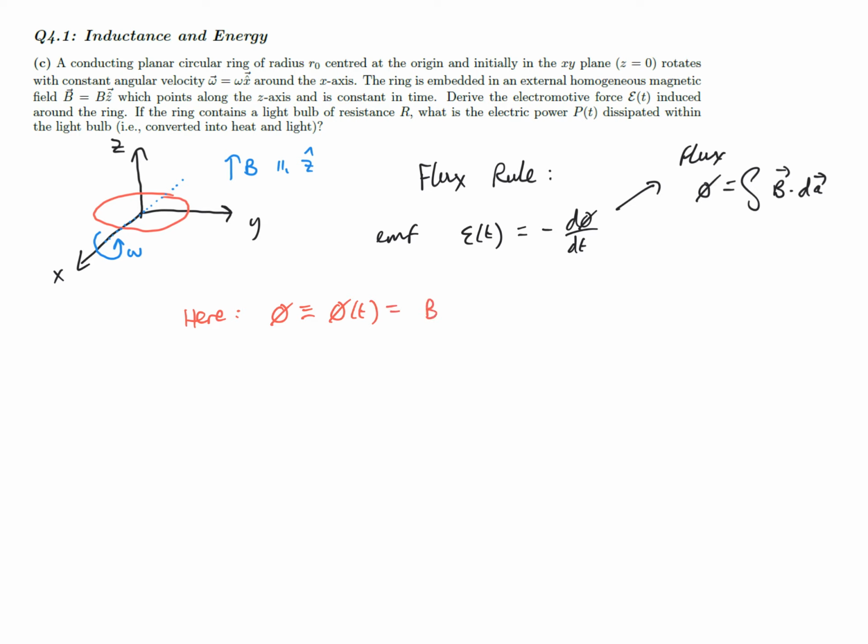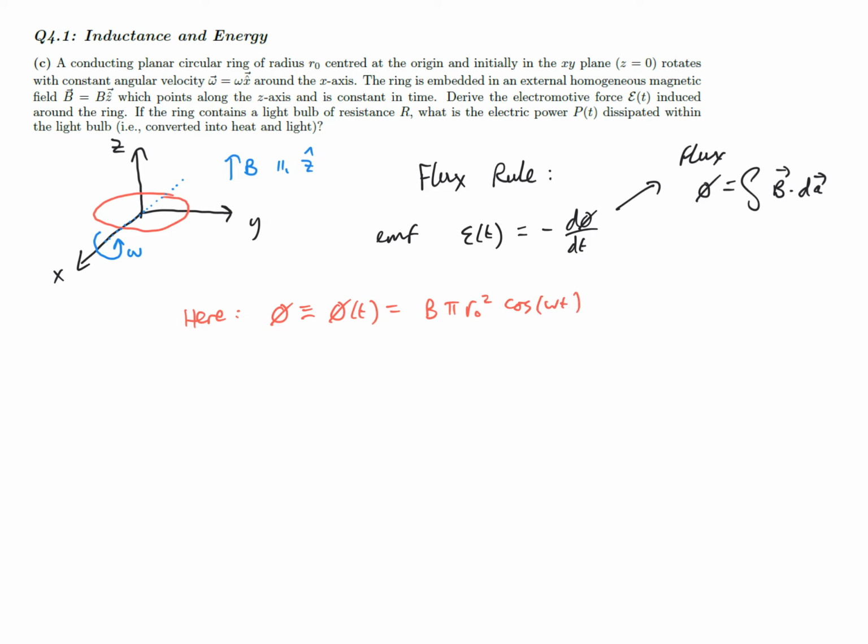It's the homogeneous magnetic field B times pi r0 squared, the area of the ring. And this would be the result if the ring was in the xy plane and remained so, but of course actually it's rotating, and therefore we pick up the extra term cos omega t.